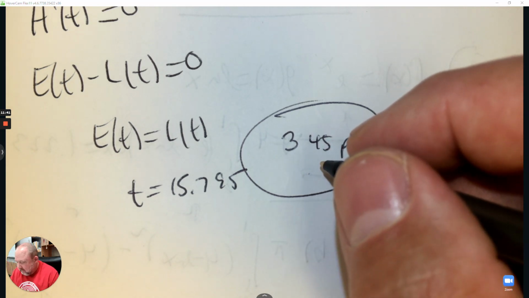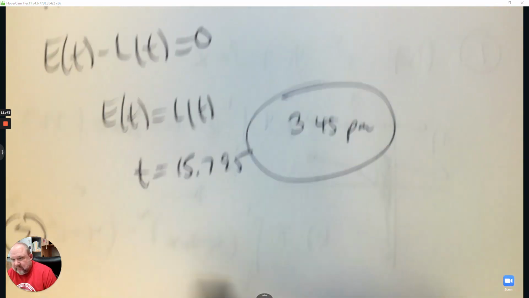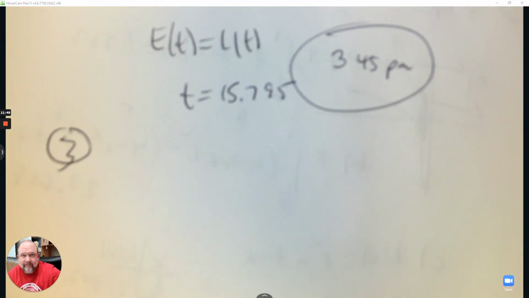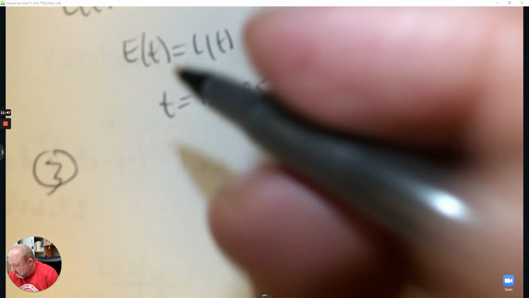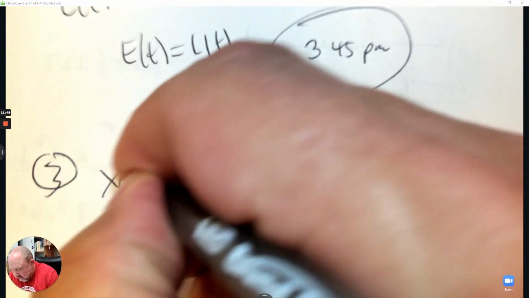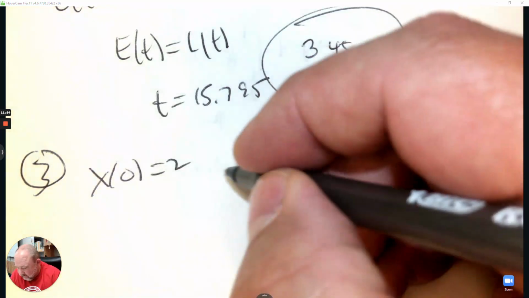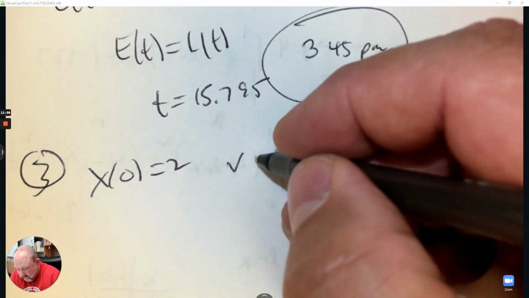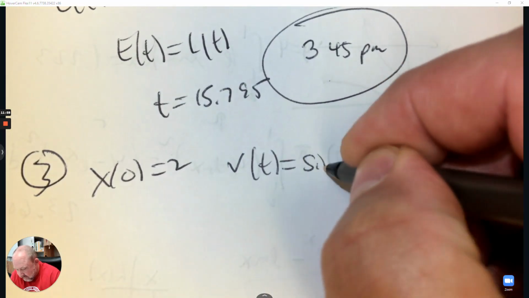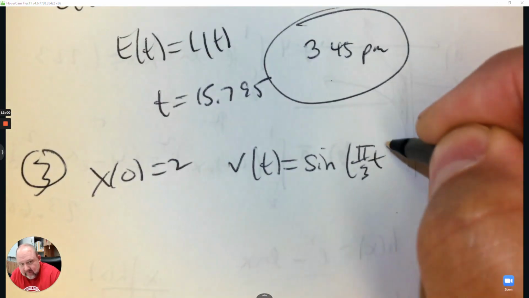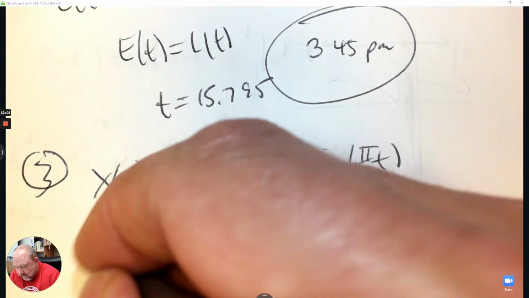All right, number 3, next question. An object moves along the x-axis. We have an initial position of 2. The velocity is given by this equation, sine of pi over 3 t, and then some questions.